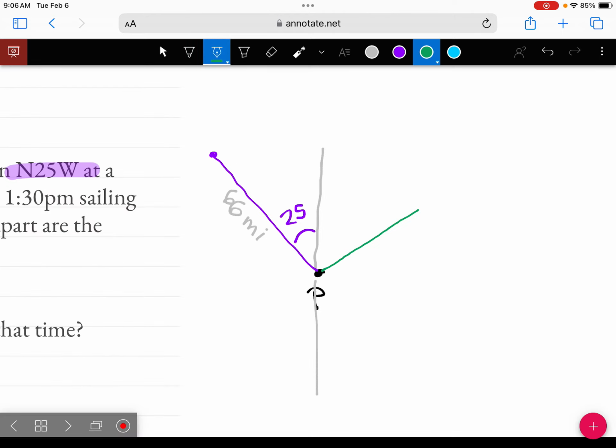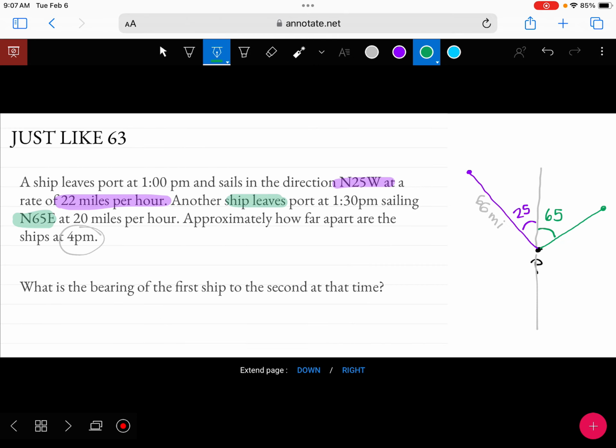And I'm making it shorter. This is 65 degrees this way. This boat's going a little slower, so I made my line a little shorter, because this boat's only going 20 miles an hour. And it left a little later, so it left at 1:30.